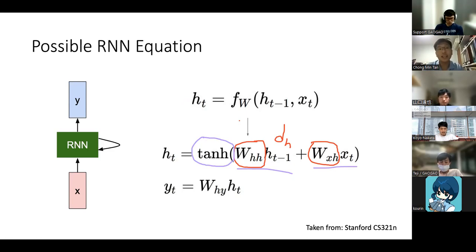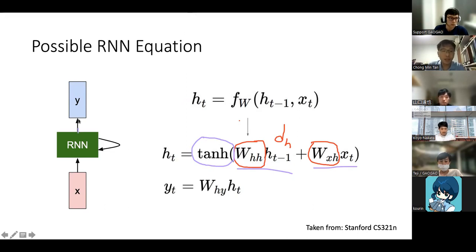Why tanh? Some of you might ask. You can also use sigmoid, or I don't know, cosh. I guess it's just convention. You can try other non-linear activation functions; it should still work. So this is the hidden state. And then lastly, we have the output.